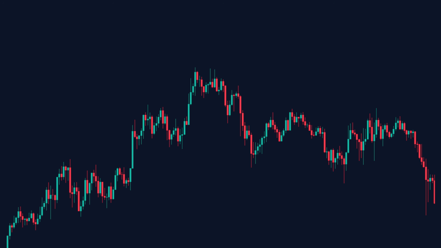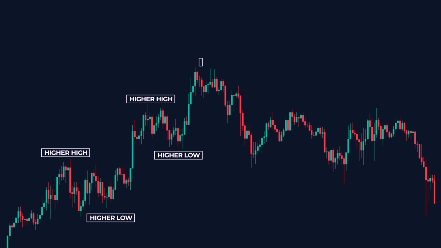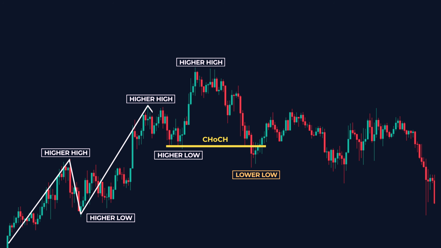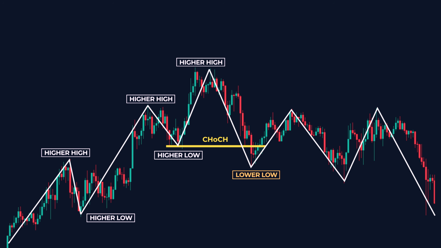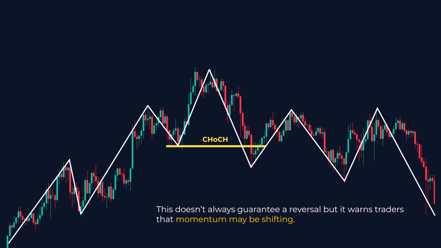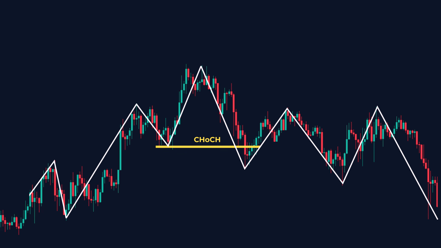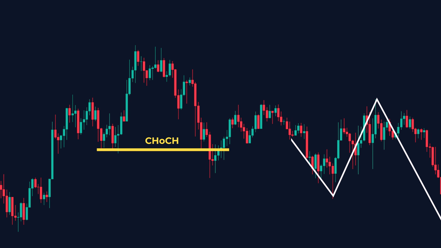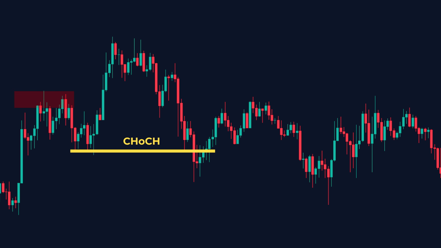For example, if price has been forming higher highs and higher lows, but suddenly breaks the previous low and starts forming lower lows, that shift is a change of character, hinting the trend may be reversing. This doesn't always guarantee a reversal, but it warns traders that momentum may be shifting. Many traders wait for additional confirmation before entering a trade because false reversals can happen frequently.